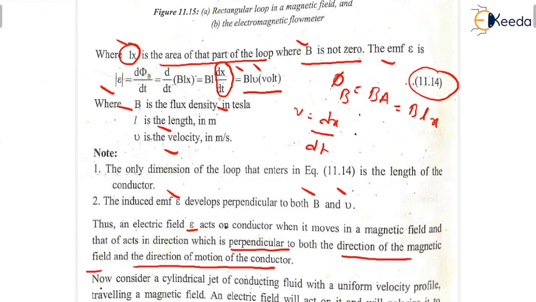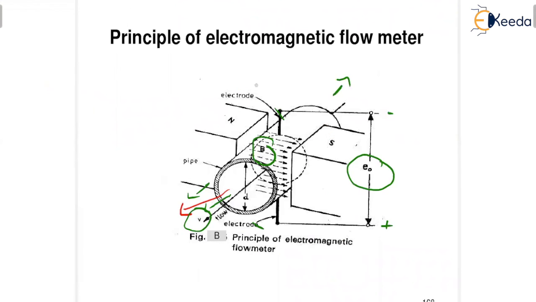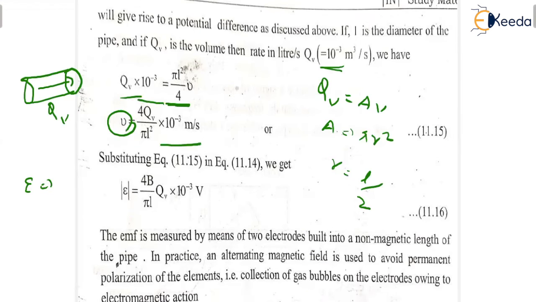Substitute here, that is the formula, bl into dx by dt. Then e is equal to b into l into v. Now substitute the velocity formula here, then you get this particular formula.